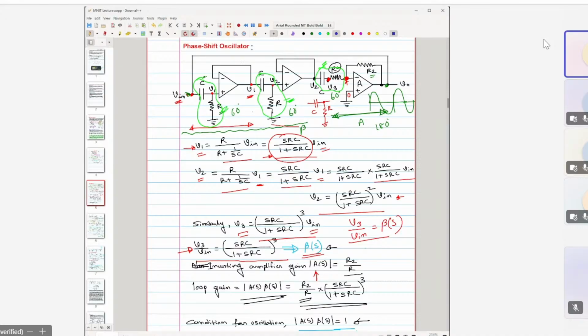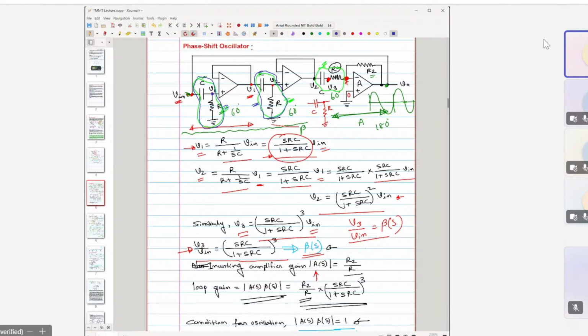So this buffer can isolate this unit from this unit, right? That means this second stage will not load the first stage. The third stage will not load the second stage or the first stage, right? It is basically isolating one network from the other network. You know that, right? This buffer has that property. So to isolate that, we have used these buffers.